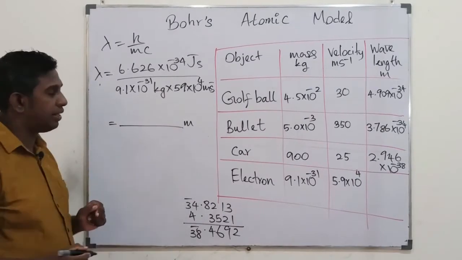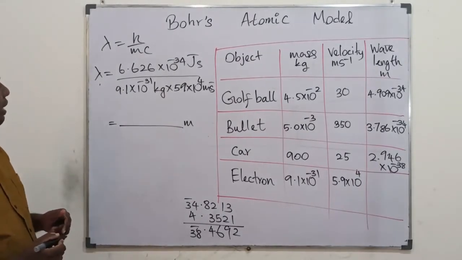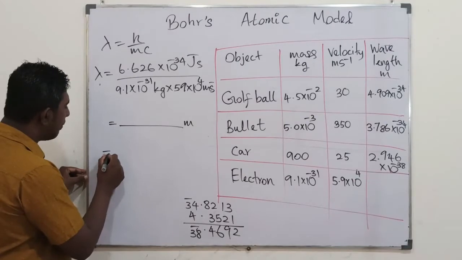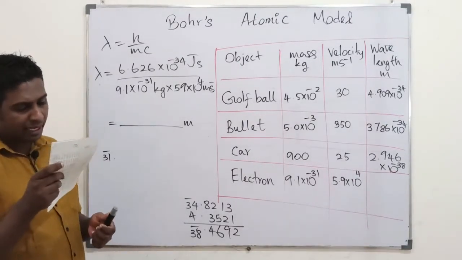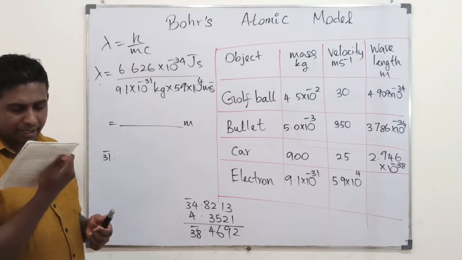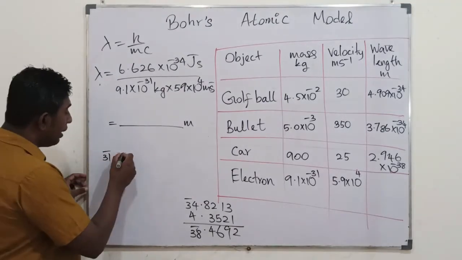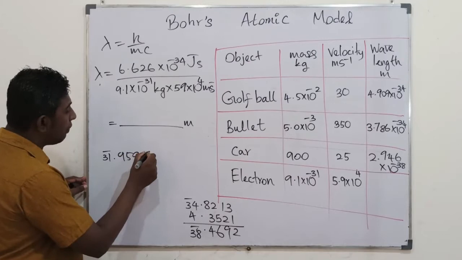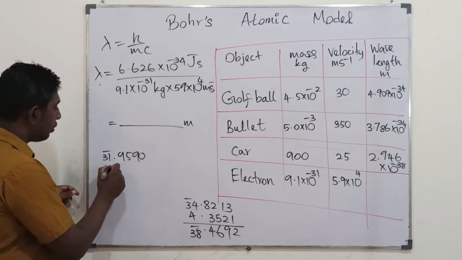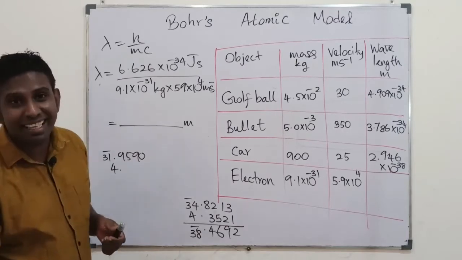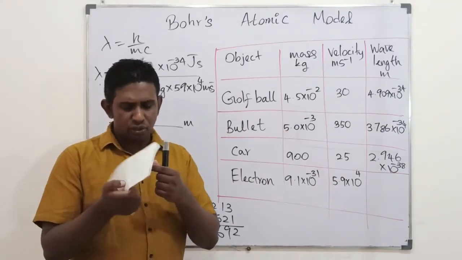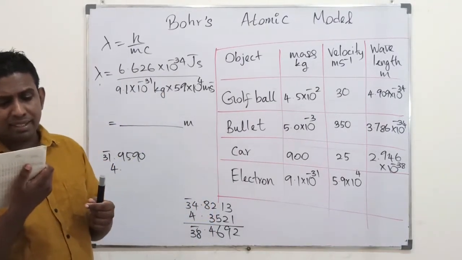So students, I'm going to try it out. So it's bar 31 point log of 91. Log of 91 I'm having here is 9590. Then it's 10 to the power 4, therefore 4 point log of 59. Student, log of 59 is 7709.